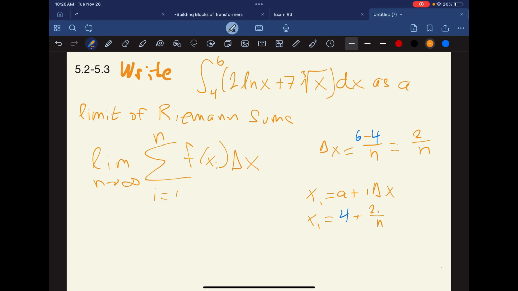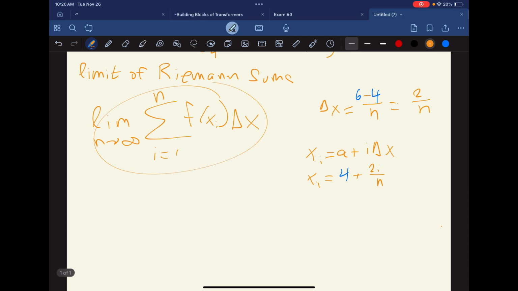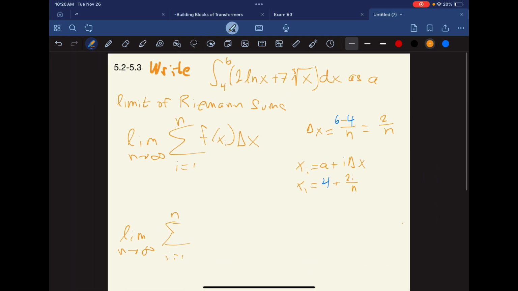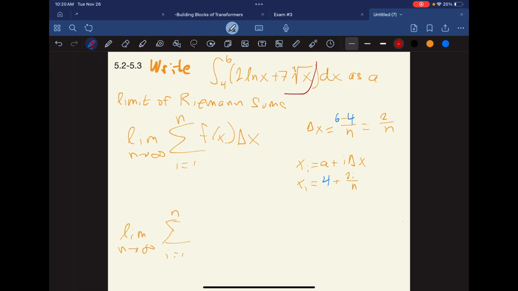And then we just plug this into this limit formula. So it's going to be a limit as n approaches infinity of the sum of i equals 1 to n. This part's all the same. f of xi, we literally just take f of x being the part in the parentheses here.